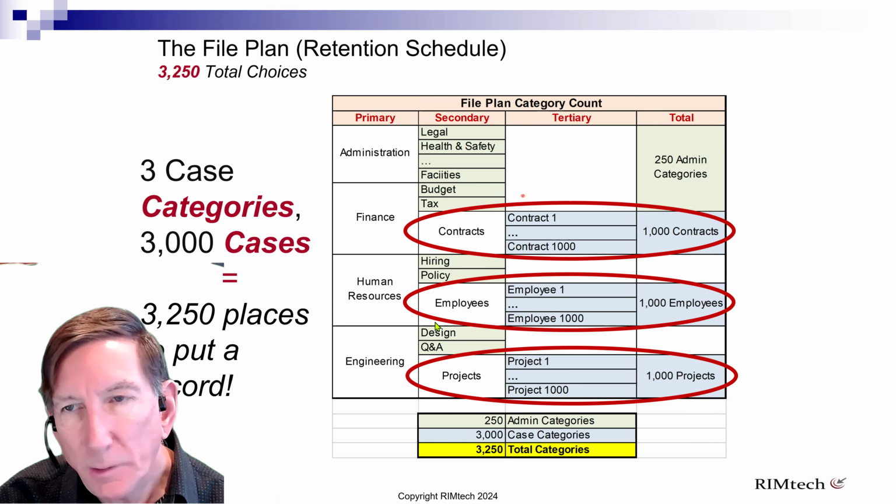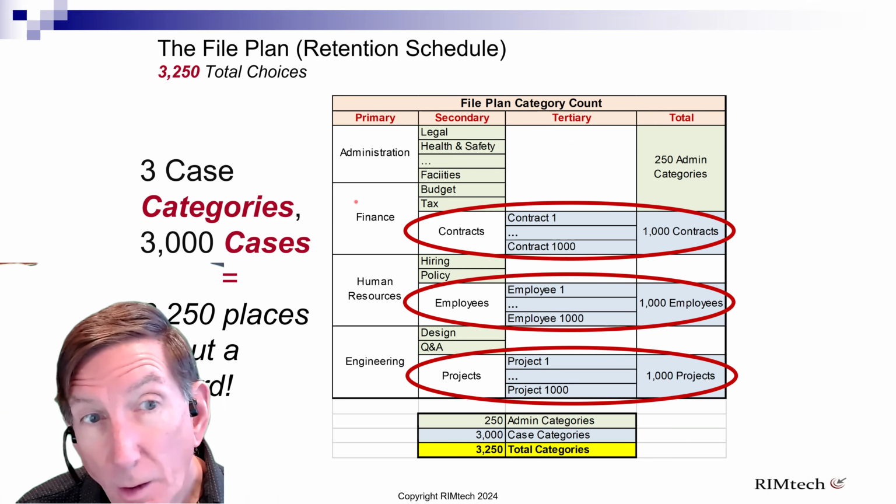The real story is there are 1,000 places or containers for contracts, 1,000 places or containers for employees, and so on. So a total of 3,000 different places to store case records. So of the 12,000, 7,200 are coming down the pipe, so to speak, and being sprayed at SharePoint. Where do they go?